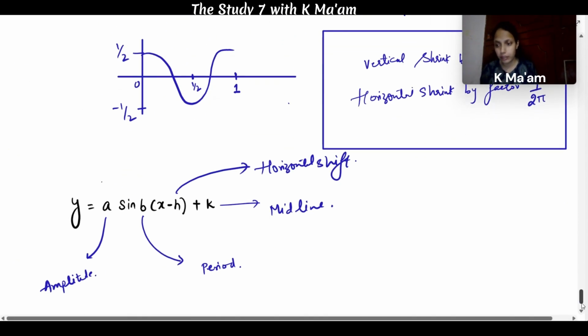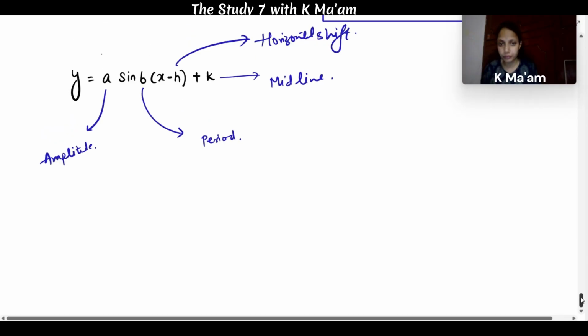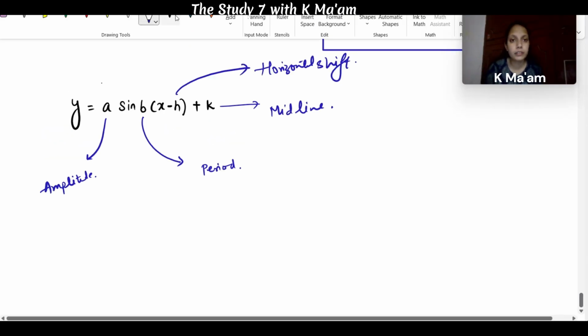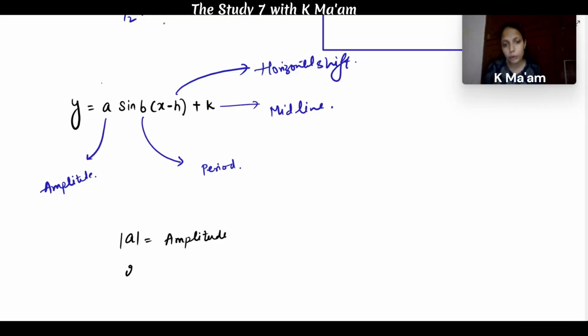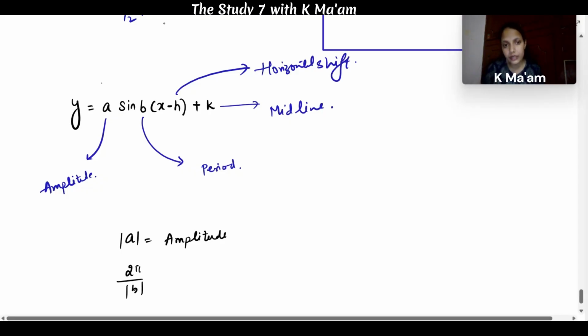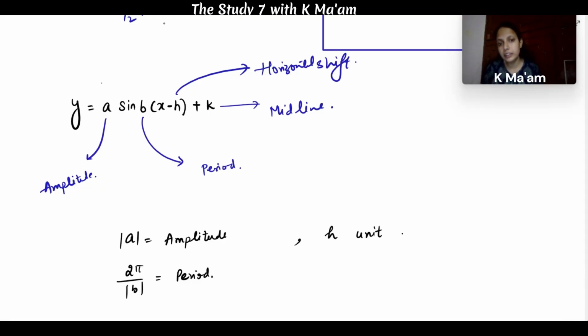Here, let's write one by one. Absolute A is amplitude. 2 pi over absolute B is period. H units right if H is positive.